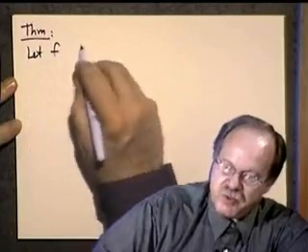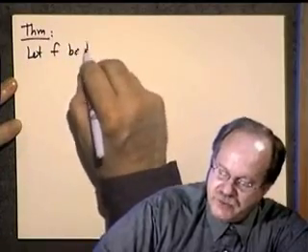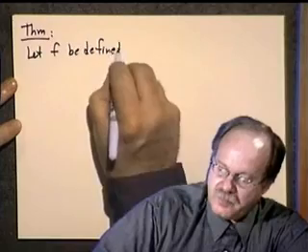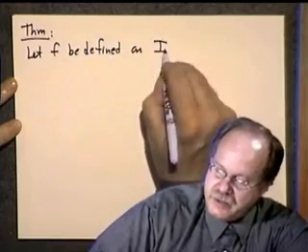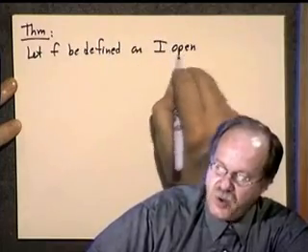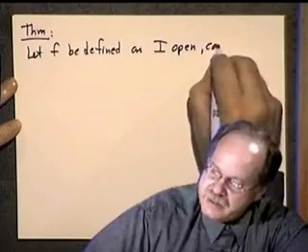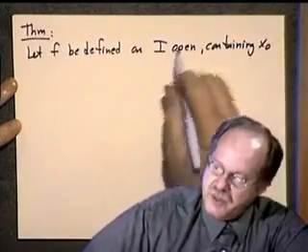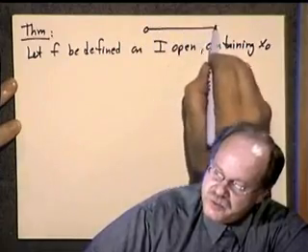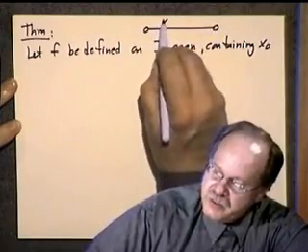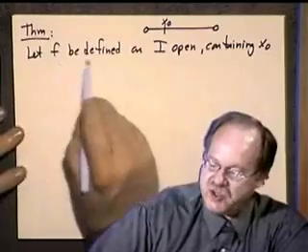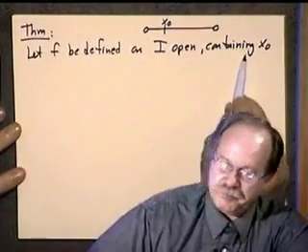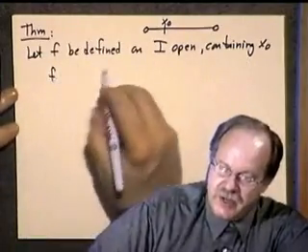So with those definitions in mind, we have a theorem here. Let us suppose we have a function, let f be defined on I, an open interval, and it contains x naught. So the picture is we have an open interval of some kind, and somewhere in here is a point x naught. And the function is defined on that entire interval. Here's what we want to say.